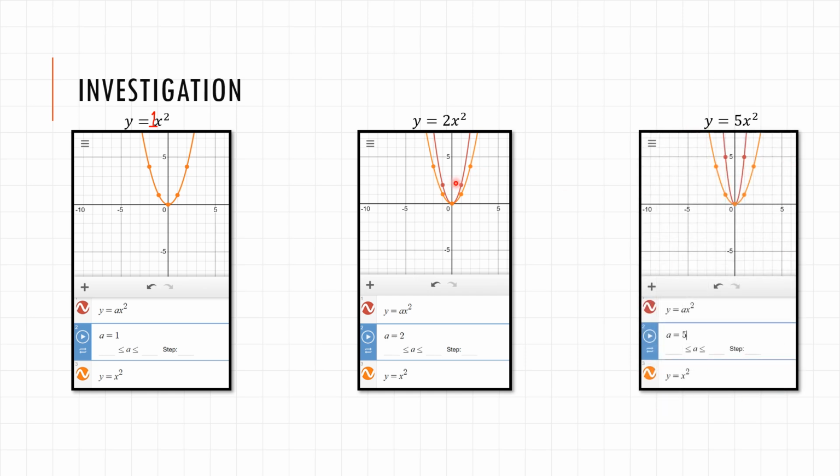Notice that these 2 red dots have the same x value as these 2 orange dots. And similarly over here, these 2 red dots have the same x value. So they did not move left or right. Notice that it's still 1 unit away from the y-axis. Over here, the dots are still 1 unit away from the y-axis, but they are much higher up.